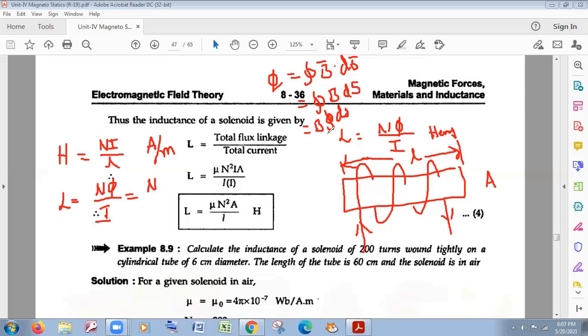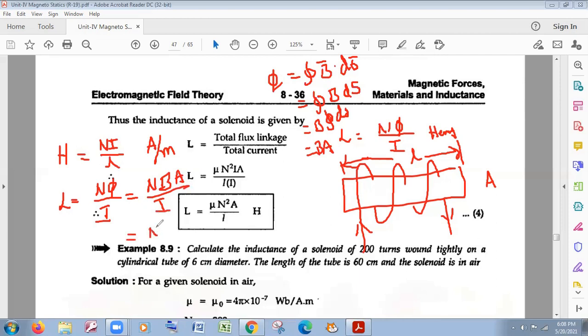Totally, the integral of dS we can take as S, as A. So phi is equal to B into A. So N phi by I, the total flux linkage, N phi is N B A, whole divided by the current I. Got it, my dear friends?